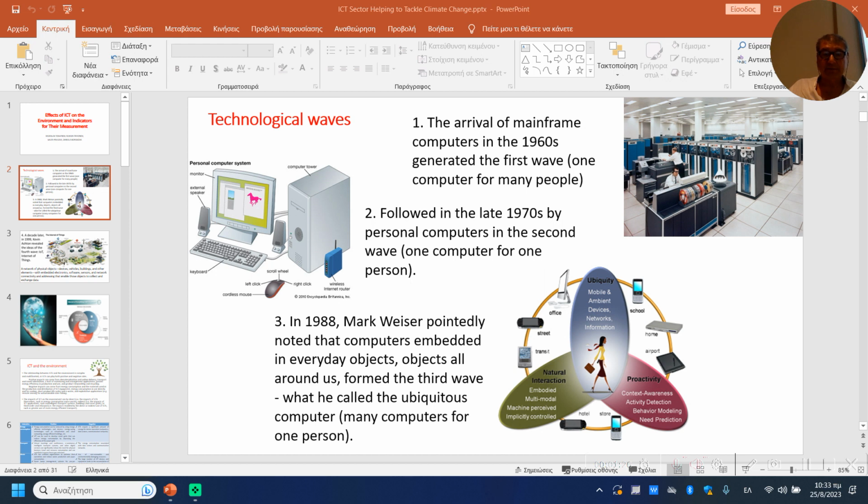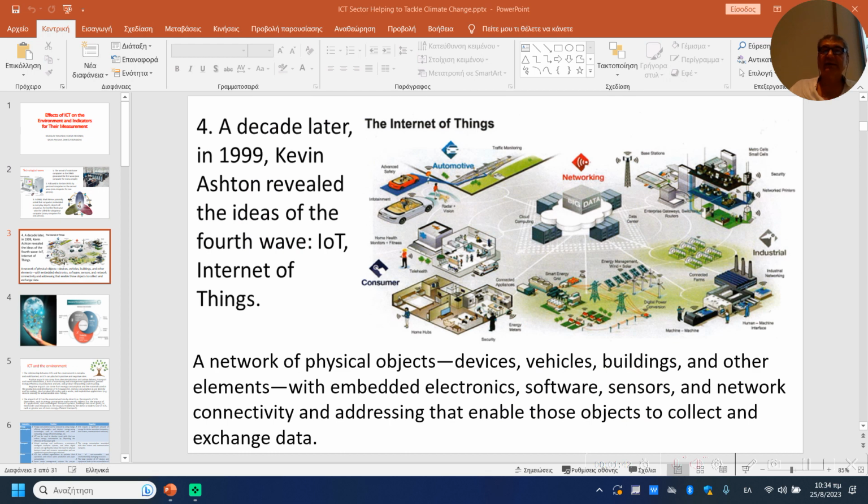Then, in the 90s, we have a new trend. It was the trend of many computers serving one person. He has it in the devices. Then comes the era of Internet of Things, as said by Kevin Ashton, defined in 1999.